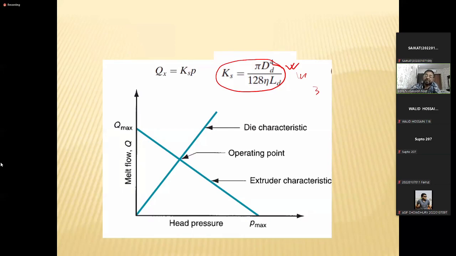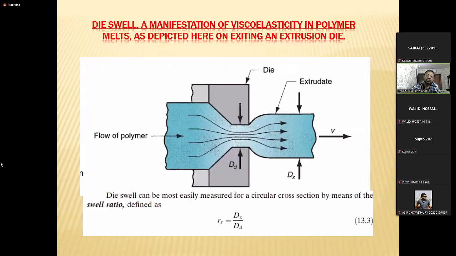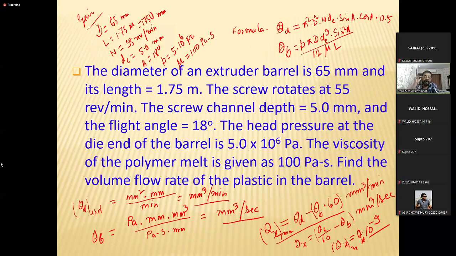Now let us have some numerical problems. The first problem: the diameter of an extruder barrel is 65 millimeter and its length is 1.75 meter. The screw rotates at 55 revolutions per minute.